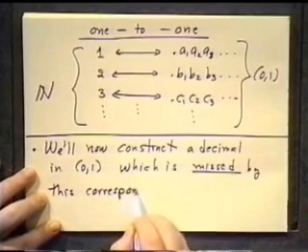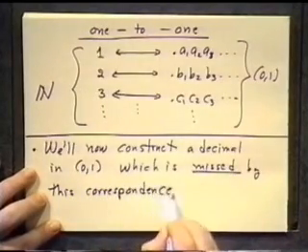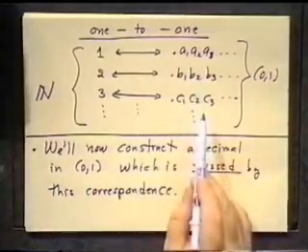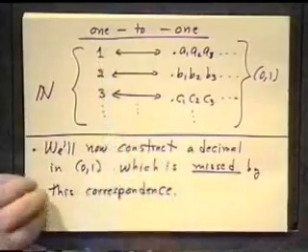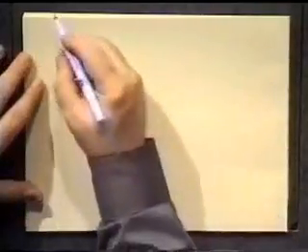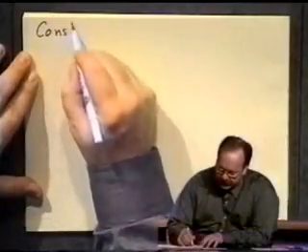There's nothing special about this one. The only thing that's mentioned here is what is common to all the correspondences, that the right-hand side must be listable to compare to 1, 2, and 3. Okay, let me show you what the construction is. Let me build the decimal I said I would build.